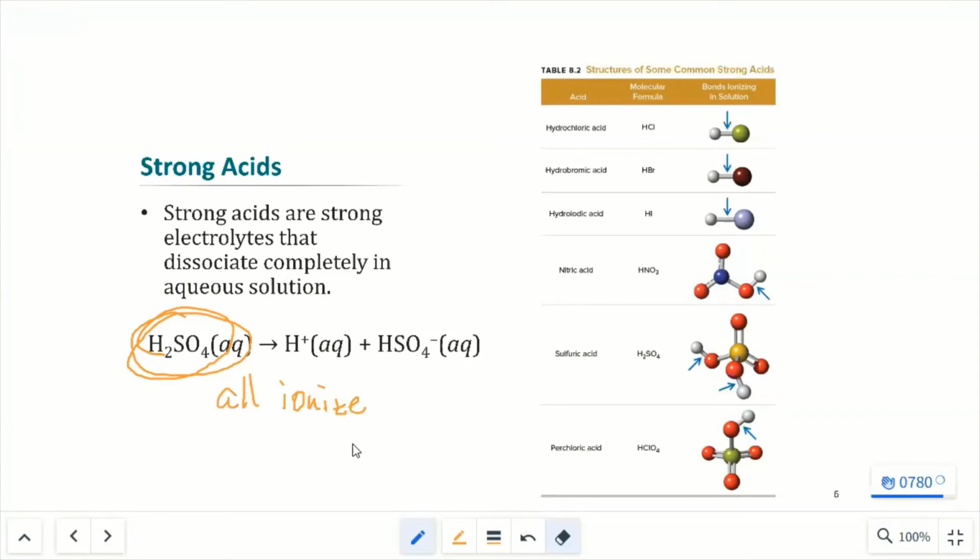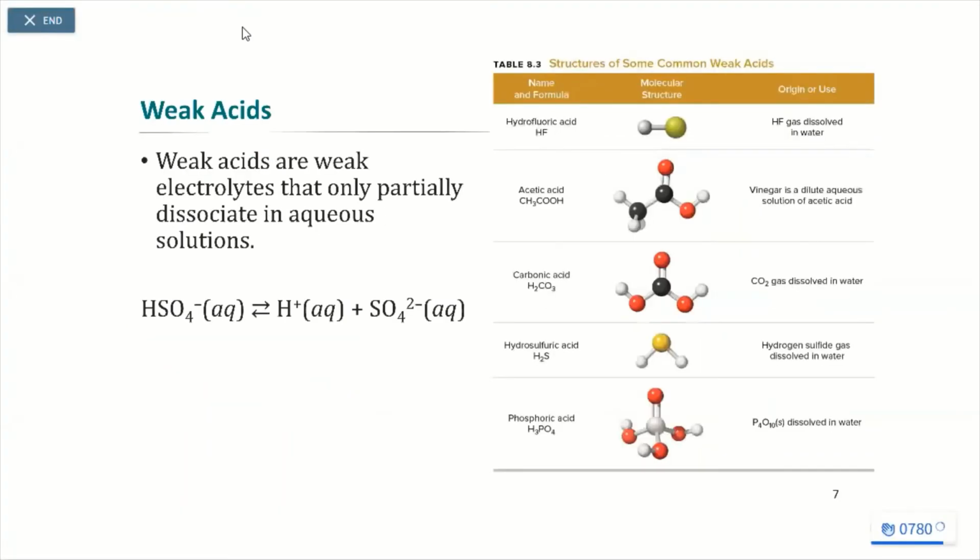And so as a result, strong acids are going to give us very electrolytic solutions. They're going to conduct electricity very, very well. If an acid is not on this list, it's not a strong acid. The only other category for it is weak acid, and weak acids behave by different rules. Weak acids are what we call weak electrolytes.